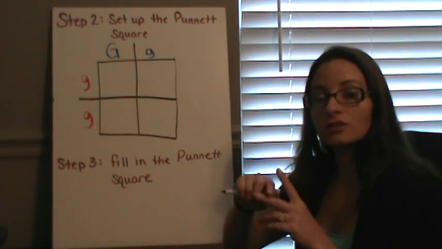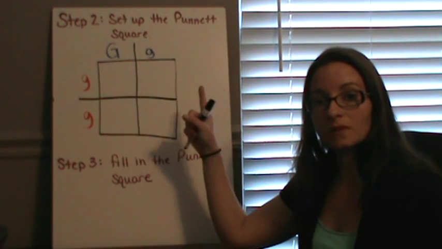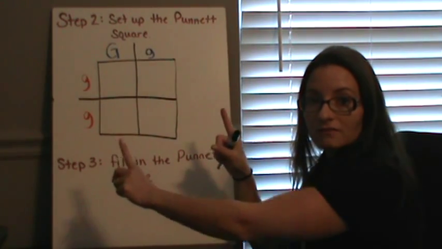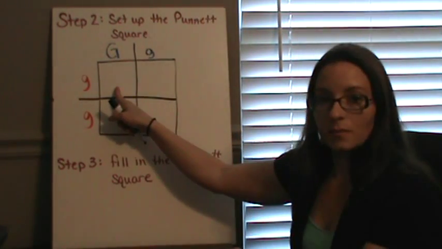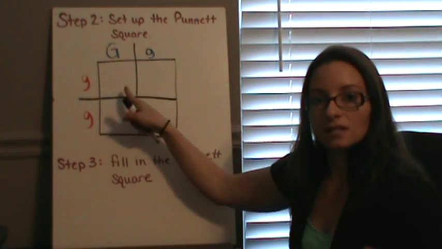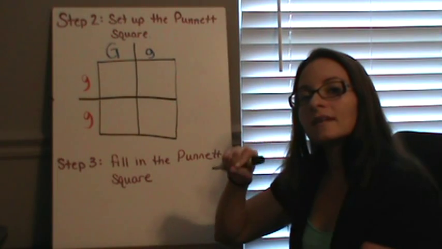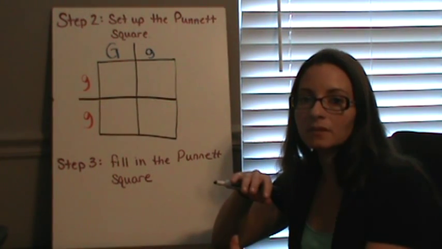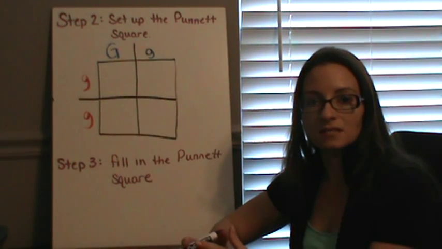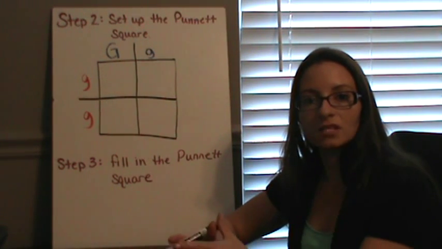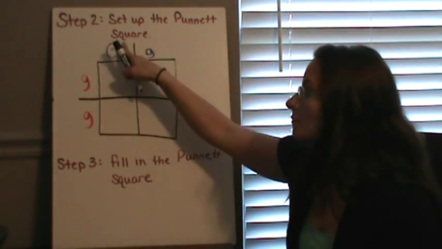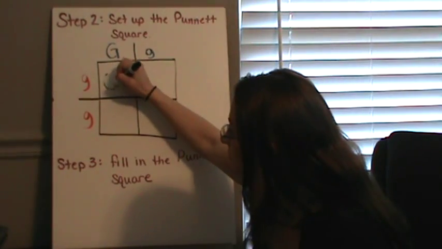So you're going to look at the letter that's on the top of that box, and the letter that's to the left of that box. So at this box, we have a big G at the top, and we have a little g to the left. Whenever writing out a genotype, always write the capital letter before the lowercase letter. It just helps you see a little bit easier whether it has a dominant trait or not. Okay? So this box right here would carry big G, little g.